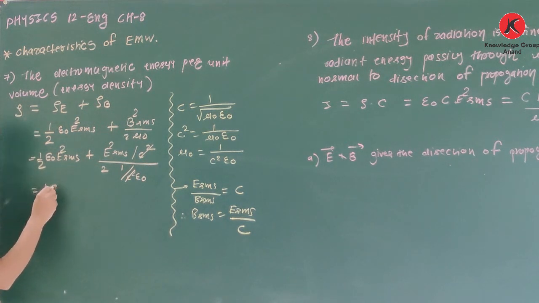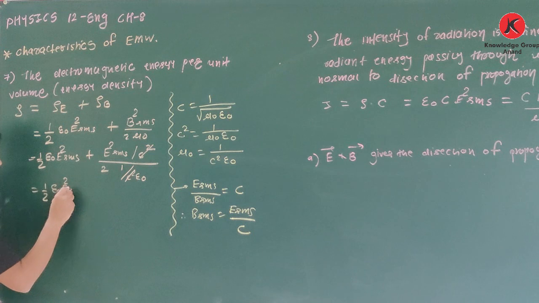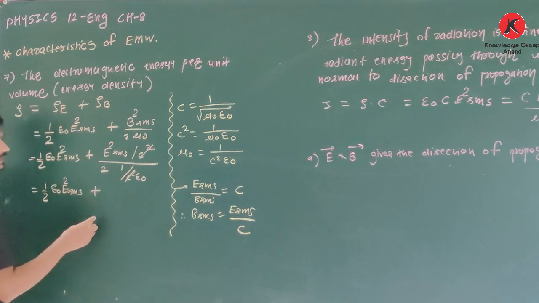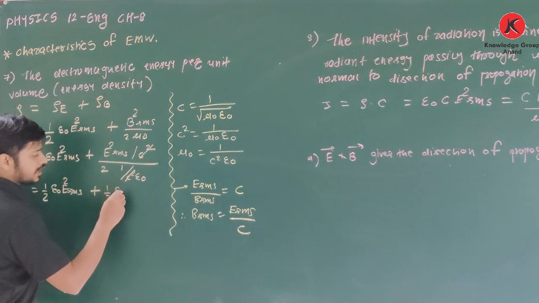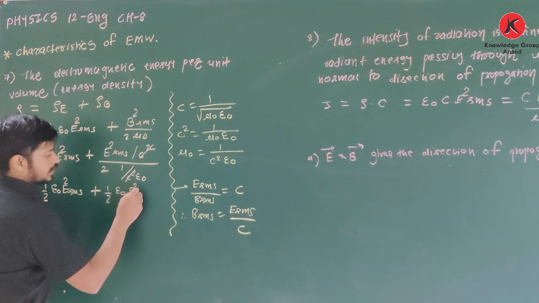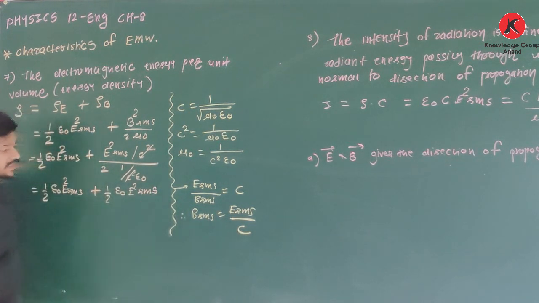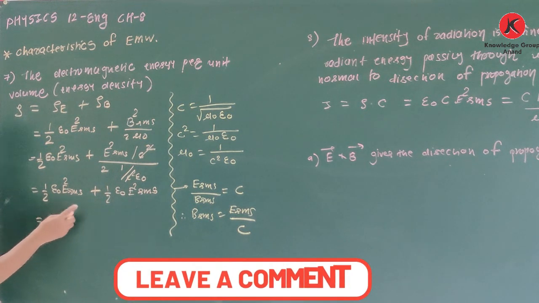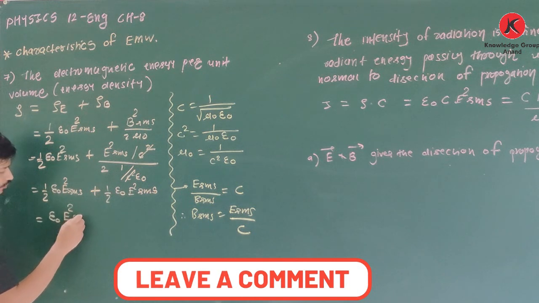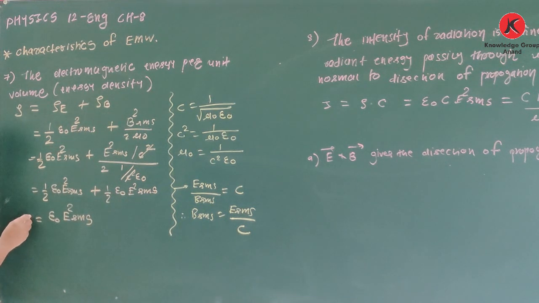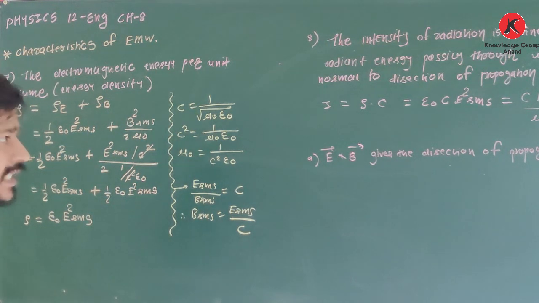So it is half epsilon 0 E square RMS plus half epsilon 0 E square RMS. Half and half equal to full, so it is epsilon 0 E square RMS. It is the equation of energy density.